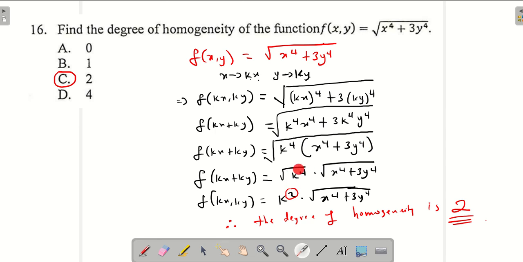Then we apply the square root for both terms. Square root of k to the power 4 is k squared. Then root of x to the power 4 plus 3y to the power 4. Remember that this is the original function. Therefore, the exponent here becomes the degree of homogeneity, which is 2. So the answer is C.